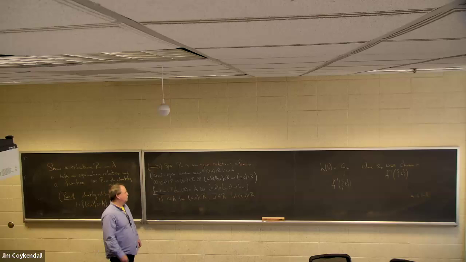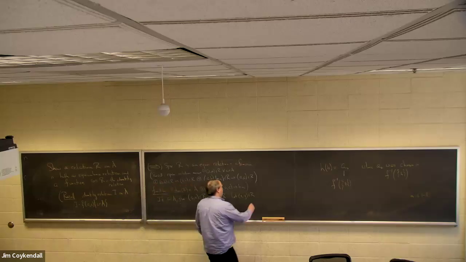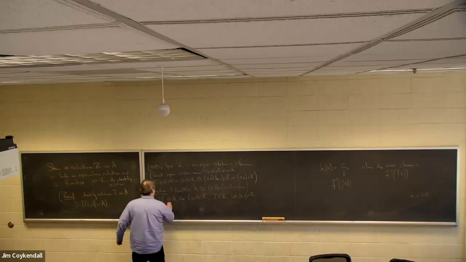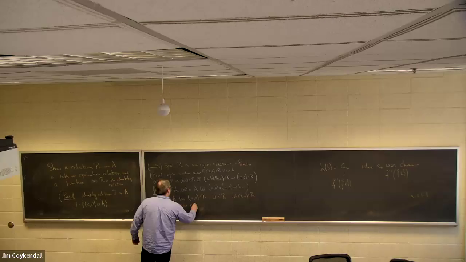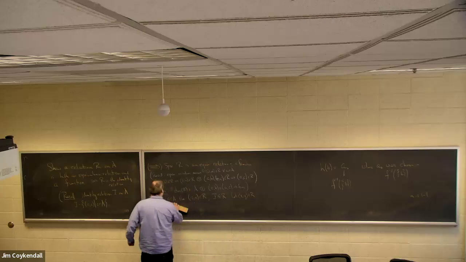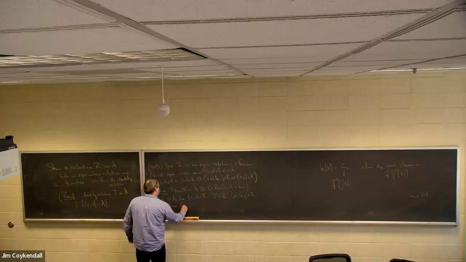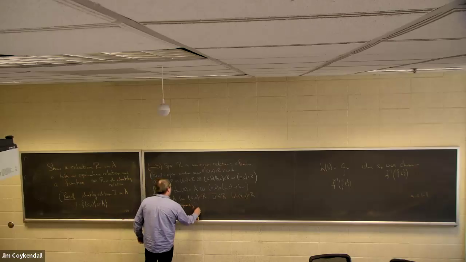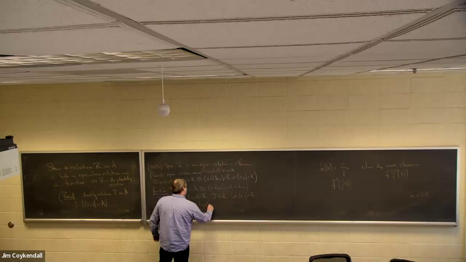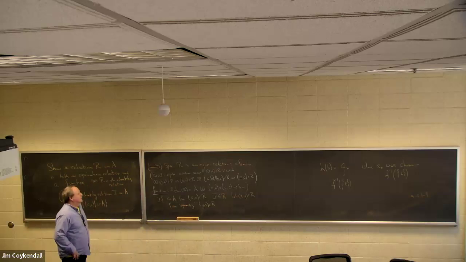We know that if X relates to Y, then Y relates to X, by symmetry. So Y, X is in R as well. Okay, so how does that help us?